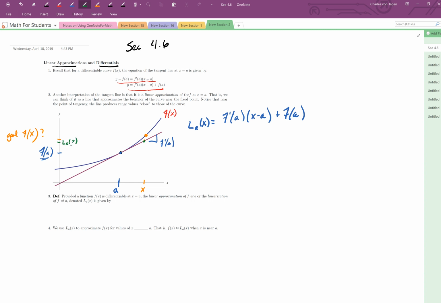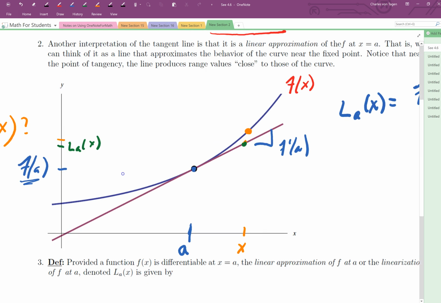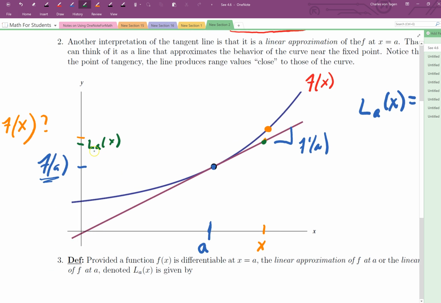I know that this drawing is a little bit cramped. The idea is that the green point on the curve has a y value, a height, that's very close to the orange point on the blue curve. So rather than plugging things into a function, we can plug them into the tangent line anchored at a point and get a pretty good approximation for what that will be.